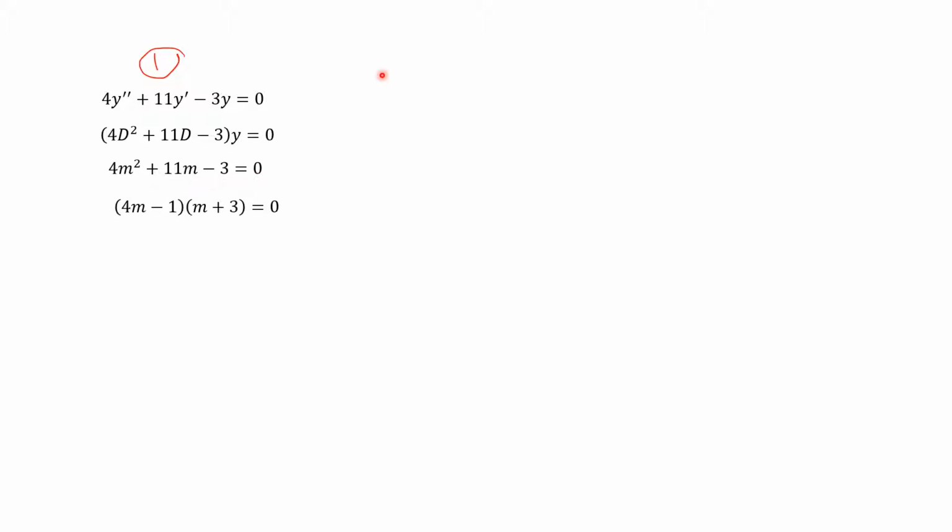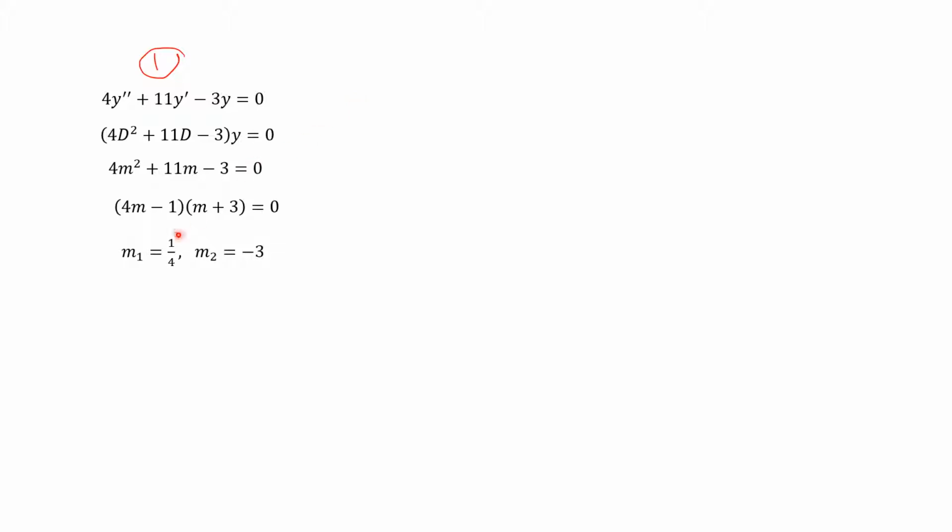Well, you can factor this. The factors are 4m minus 1 and m plus 3 equals 0. Therefore, the roots are 1/4 and negative 3. So this falls into case 1 where the roots are real and distinct.